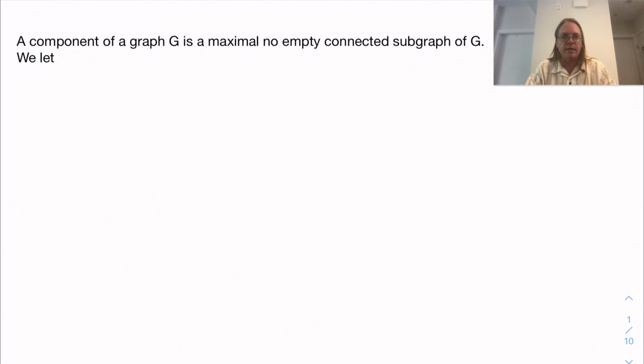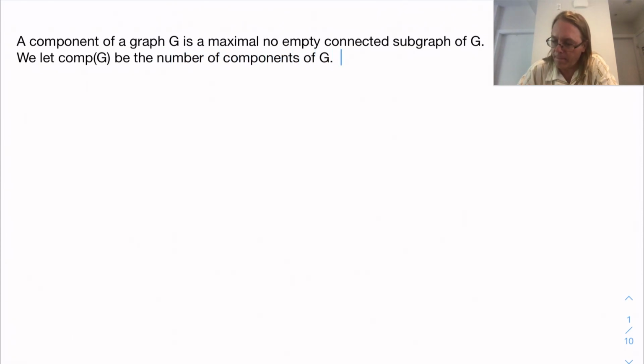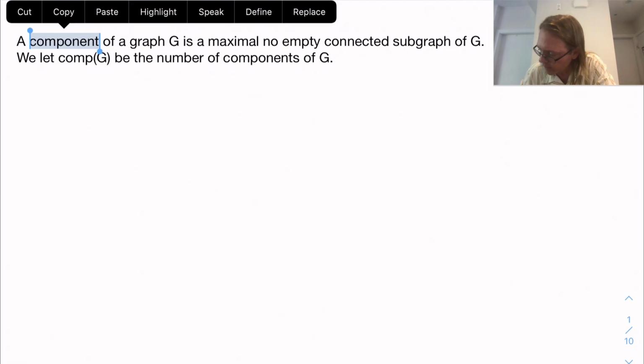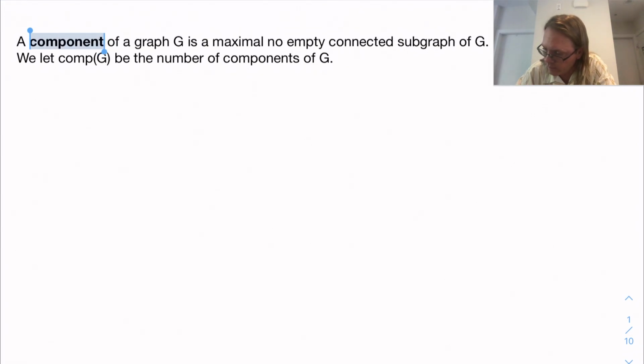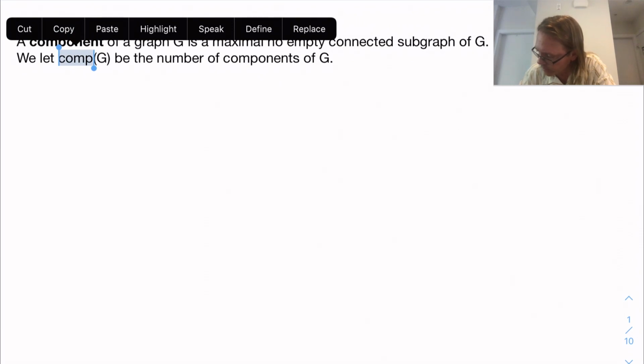So I'm going to let comp of G be the number of components. Okay, so this is a definition. This guy maybe could be bolded, and that's going to be usually italics.